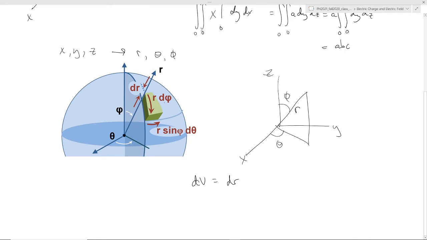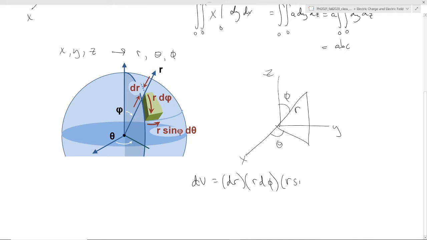So imagine a little arc length of r d phi. Let me write these separately: r d phi, this piece. And in addition, there's this r sine phi d theta. So in the theta direction, there's a factor of r, but also this sine phi projection.